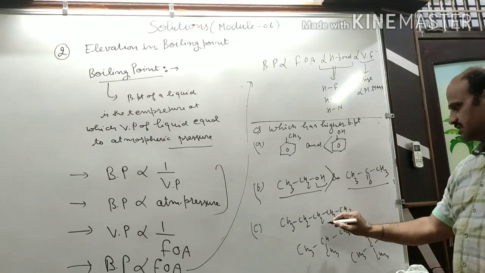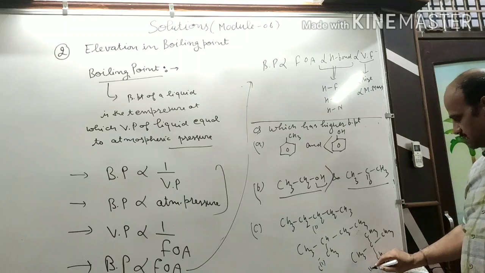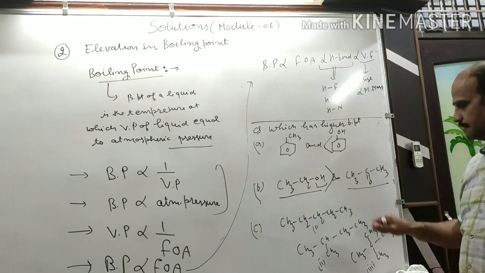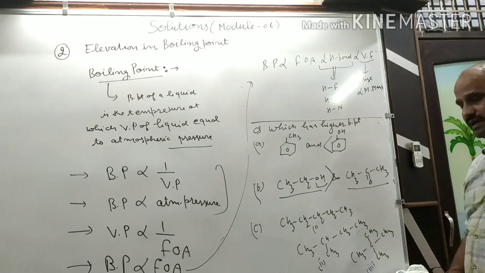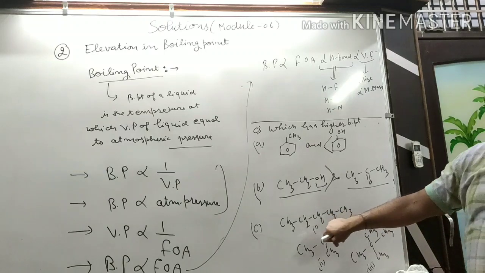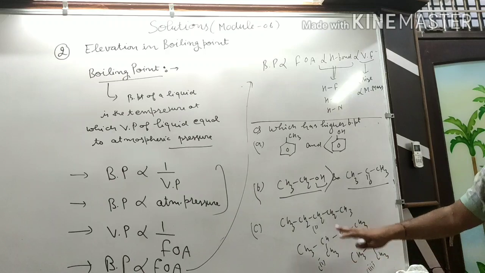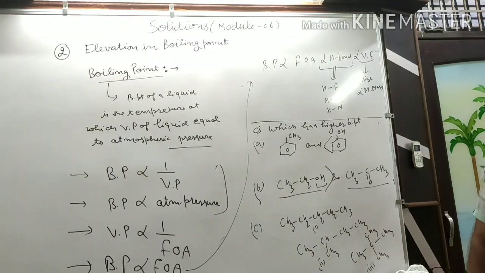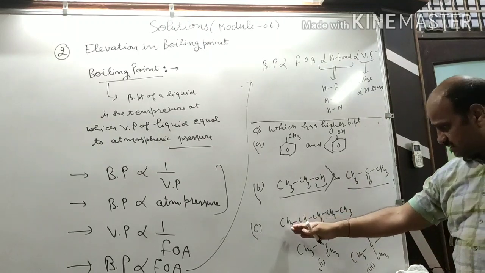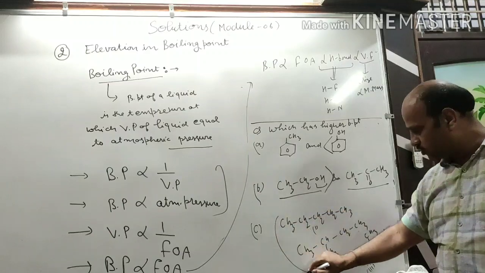Now these three cases: first case, second case and third case. You know students, what are the names of these compounds? This is n-pentane, this one is isopentane and this one is neopentane. Now you see, first, is there any hydrogen bonding? No hydrogen bonding. Then you consider van der Waals force of attraction, and van der Waals force depends upon size and molar mass. And molar mass is same for all three because they have the same molecular formula.